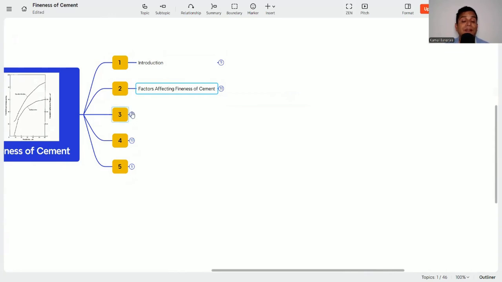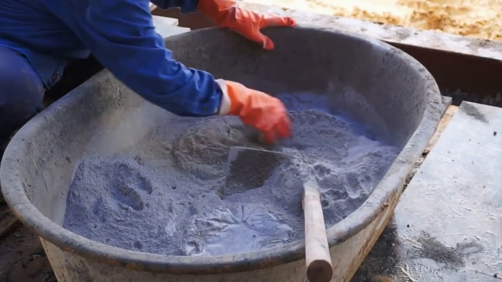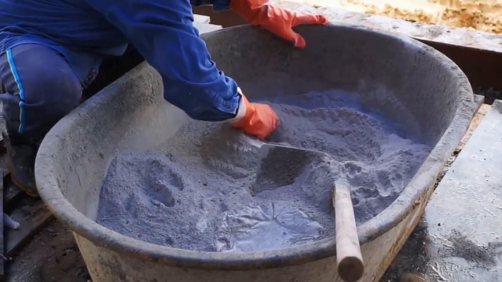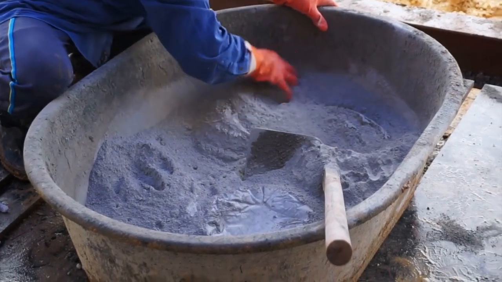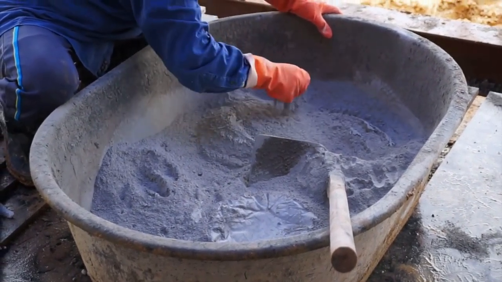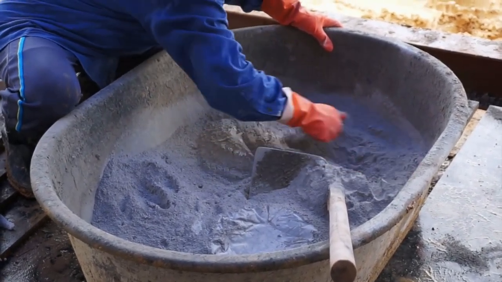The next part is, what are the standard methods of fineness of cement? It is given exactly in IS 4031 part 2, the standard method for determination of fineness of cement. How to determine the fineness is a different subject, and I will come with another video.